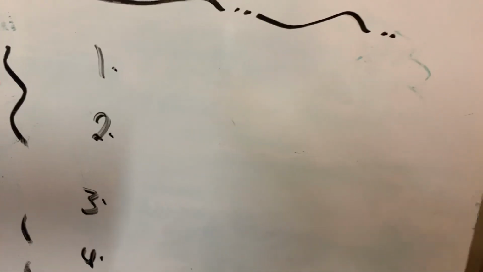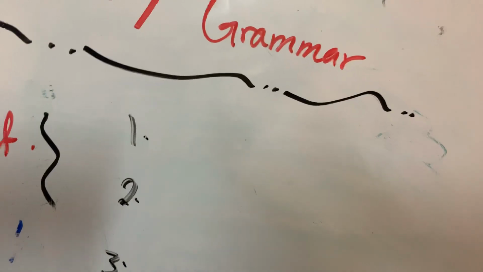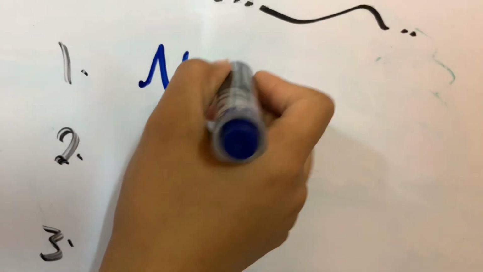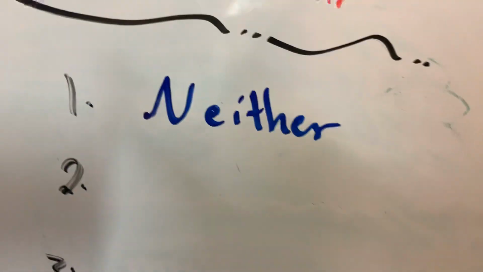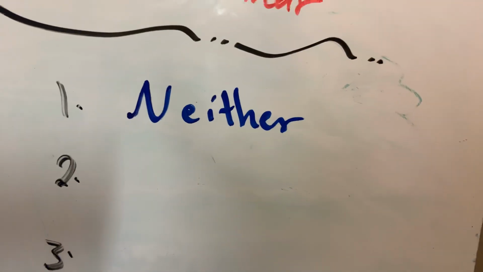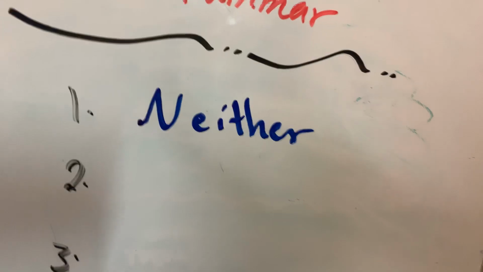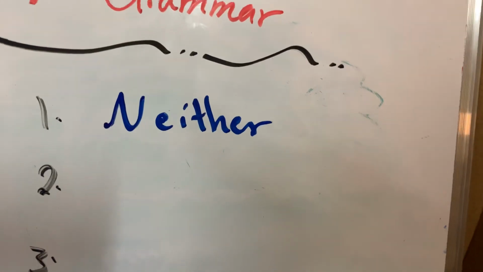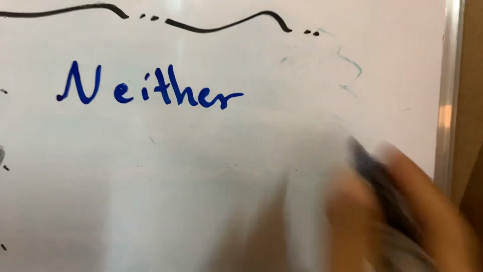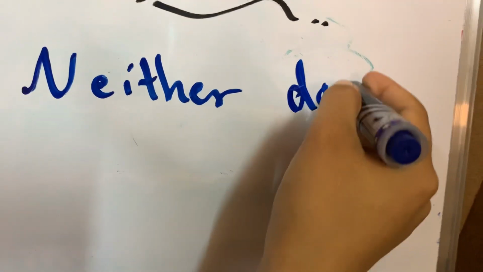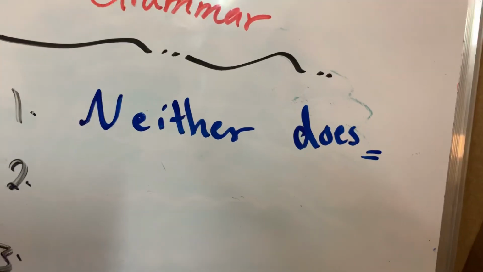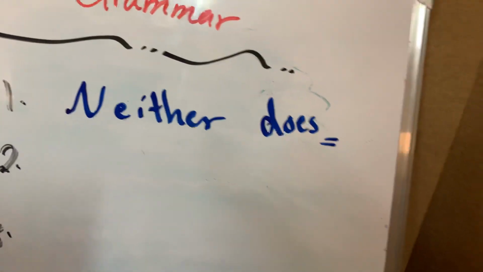We will say neither. Susan doesn't want. We have a helping verb, which is does. Will we say doesn't or does? Does. Why do we drop not? Because neither is enough. Neither does Donna. Number 2.